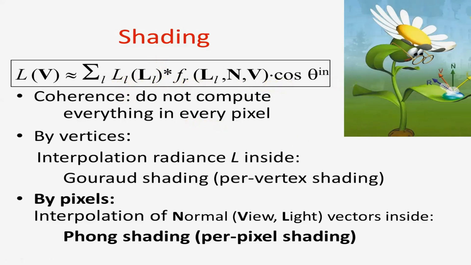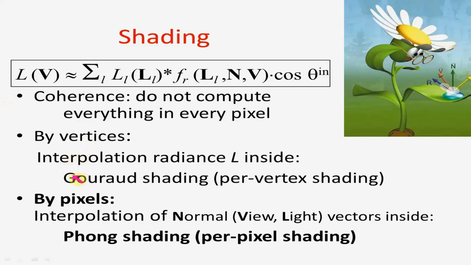In incremental rendering, we try to reuse calculations done in a pixel, so the evaluation of this formula for different pixels shares computations. For example, we can evaluate this formula only for the 3 vertices of the triangle and apply interpolation in between the triangle vertices.